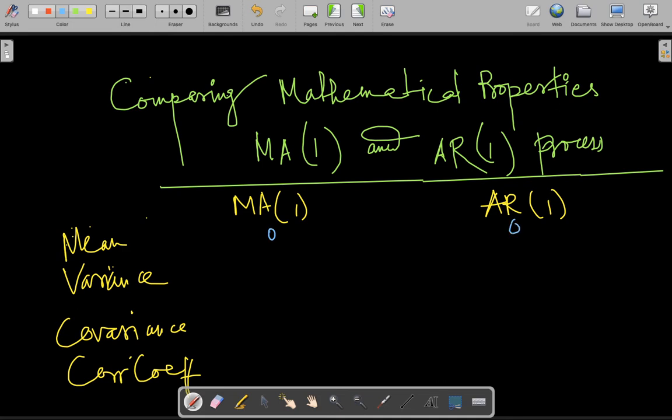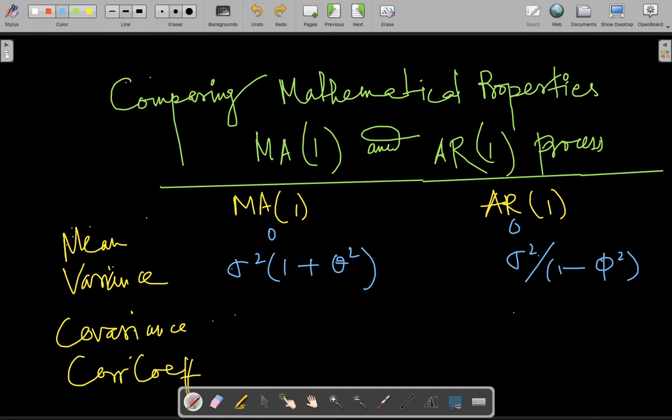Whereas for the variance, we have also seen that both of them are constant, and the value of the variance for the MA1 process is what we have derived already, sigma square times 1 plus theta square, whereas for our AR1 process it is sigma square by 1 minus phi square. We use this theta and phi operator for the MA1 and AR1 process basically to represent the weight of the past period values.